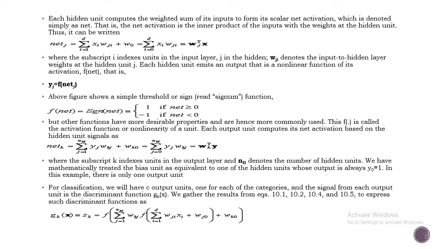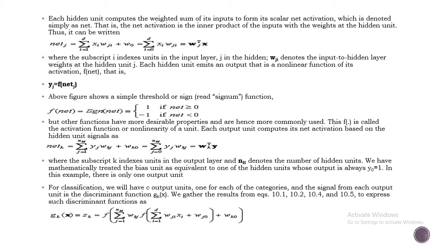The subscript k indexes units in the output layer and n_H denotes the number of hidden units. We have mathematically treated the bias units as equivalent to one of the hidden units whose output is always y_0 equals 1.